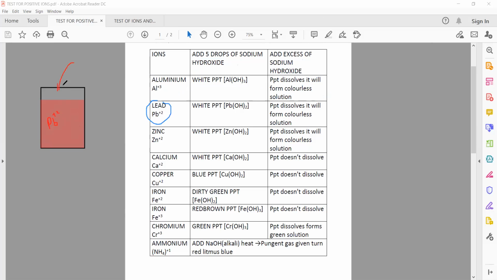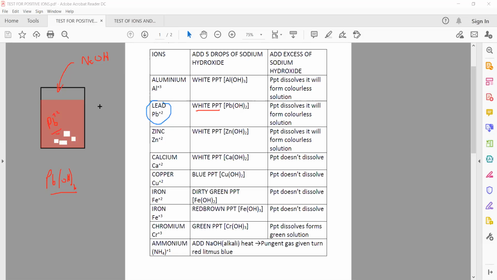And what you are doing is adding sodium hydroxide. When you add sodium hydroxide and there is a lead ion, what will be the result? It will form lead hydroxide. And what is the appearance of lead hydroxide? It is also white in color. So what you will observe is a white solid will form in the solution.